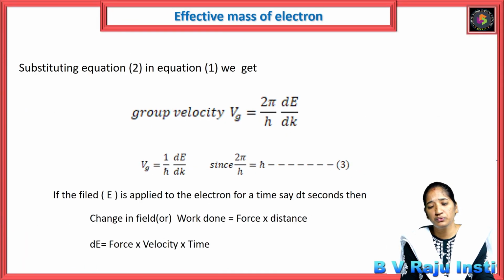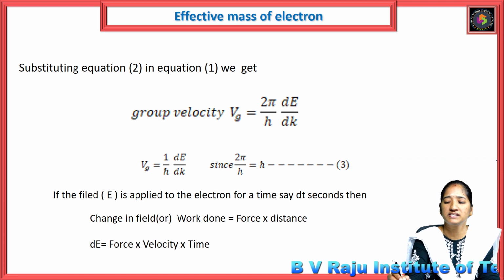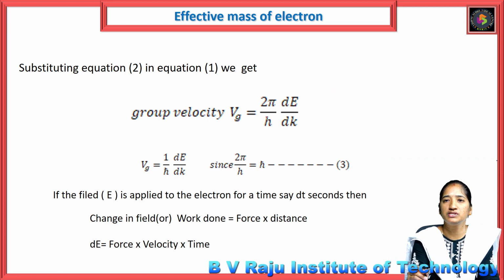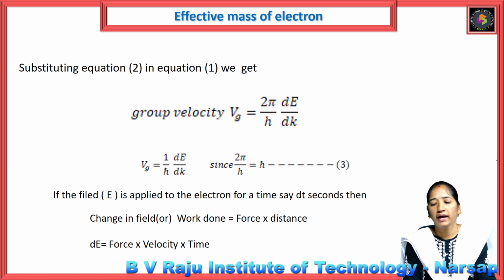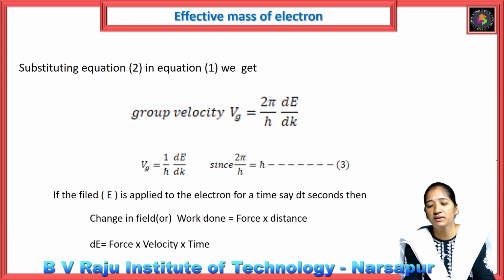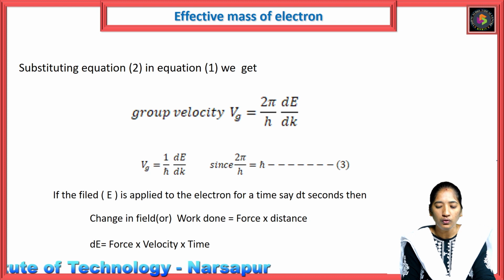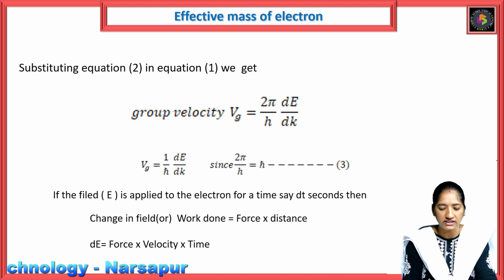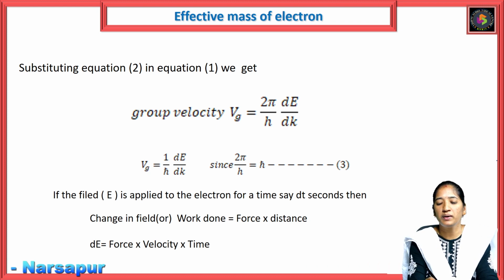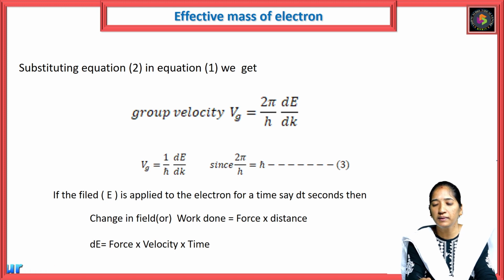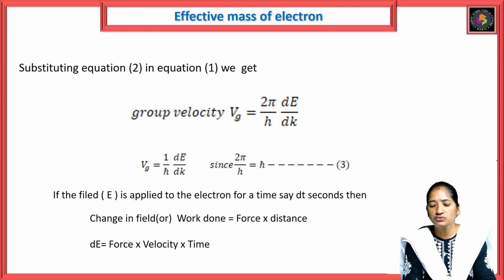Substituting equation 2 in equation 1, we get the group velocity Vg equals 2 pi by h into dE by dk. We know that h cross equals h by 2 pi, so in place of h by 2 pi we substitute h cross.